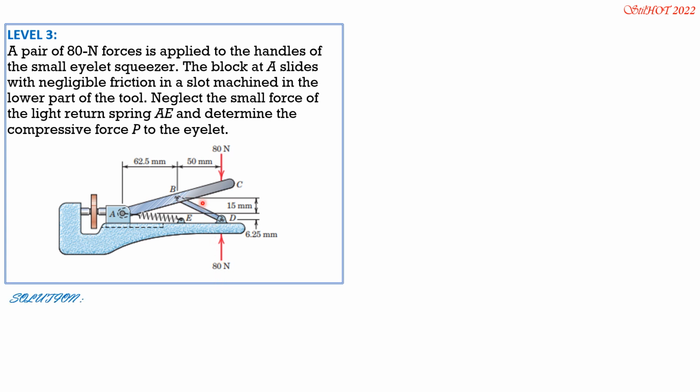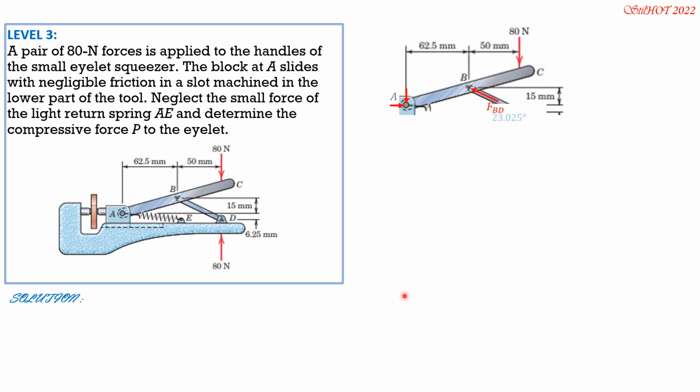So for the solution, let's solve for the angle that BD makes with the horizontal first. This is arctan of 15 plus 6.25, so 21.25 over 50. So that angle is 23.025 degrees with the horizontal. Then we replace FBD with components, horizontal and vertical. The horizontal component is FBD cosine of 23.025 degrees, while the vertical component, which is upward, is FBD sine of 23.025 degrees.